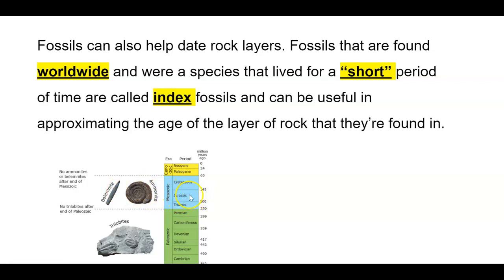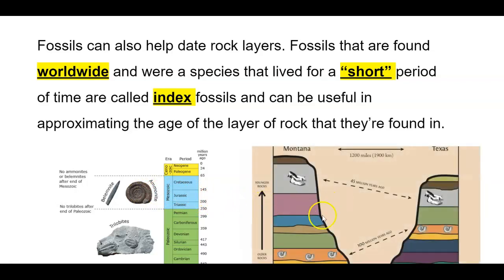So we might find a dinosaur fossil and we see an ammonite fossil nearby. We have a sense that we know that age range that fossil was found in. Right? So we find these right here, these ammonites, and this gives us a sense of how much older or younger fossils are that we find compared to them.